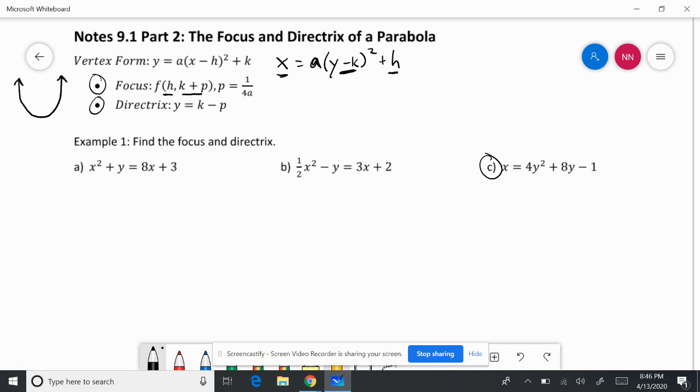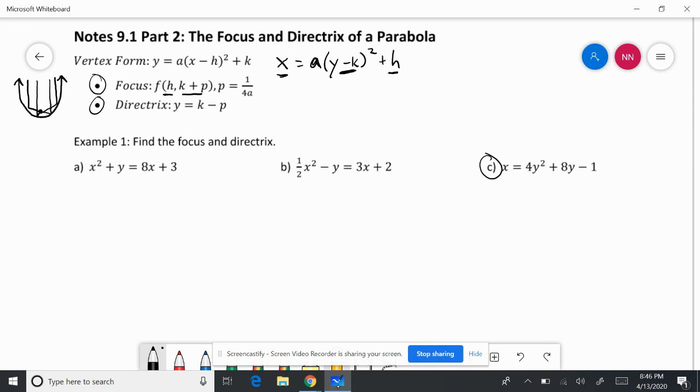Now, what the focus and directrix are is that when we have a parabola, let's pretend that our parabola is a satellite dish. If we have rays coming in to the parabola, they're always going to hit it, and with the reflection, it's always going to end up hitting the focus.